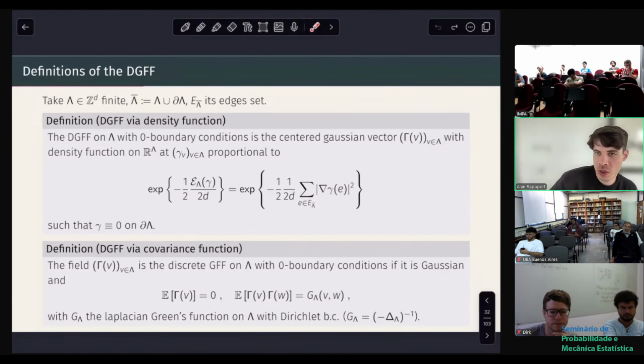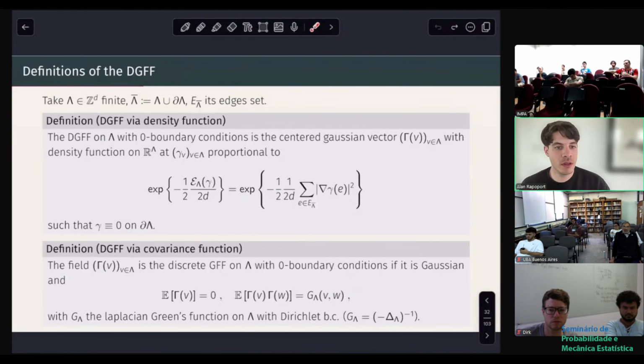And maybe less intuitive, but more convenient for calculations, is another way to define it via the covariance function. So we can just define it as a Gaussian field whose mean is 0, and the covariance function is given by this function over here, which is none other than the discrete Green's function in the sets that we're working on.